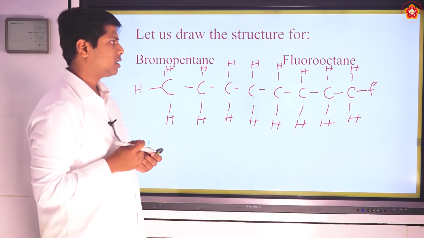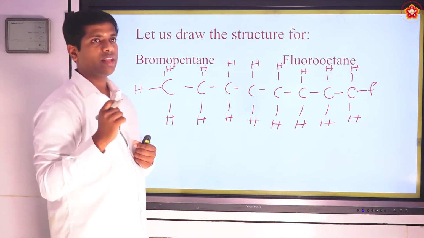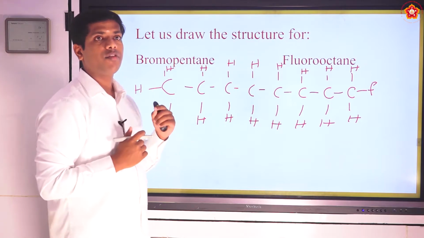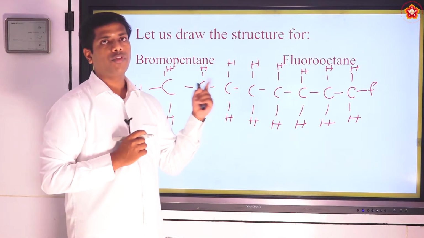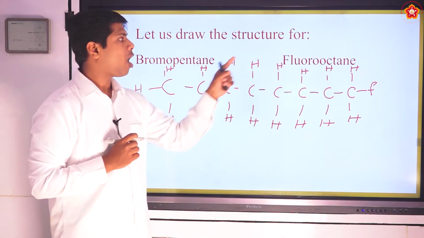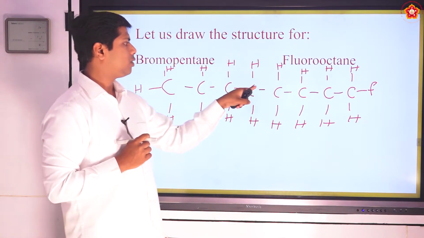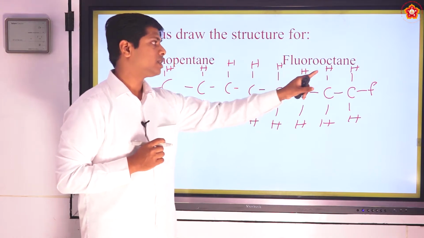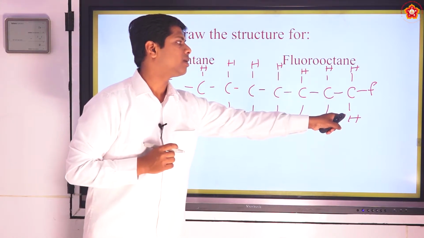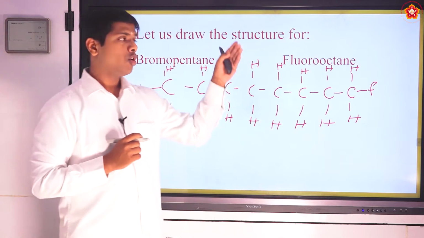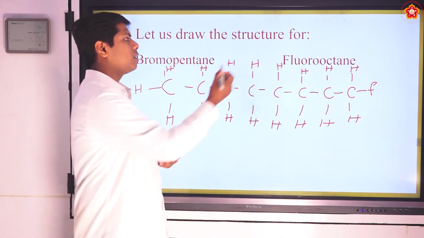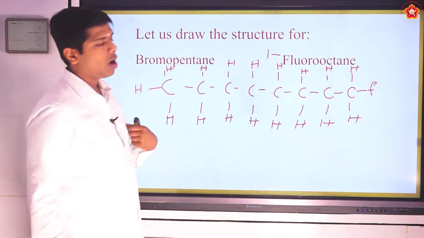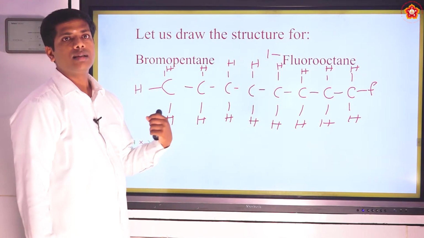Please note down the structure. Very important, children. These structures are very important. This is the example for fluorooctane, with 1, 2, 3, 4, 5, 6, 7, 8 carbon atoms. In the first carbon atom, one of the hydrogen atoms is replaced by fluoro, that is fluorine, a halogen. Then it becomes fluorooctane, which is nothing but 1-fluorooctane.